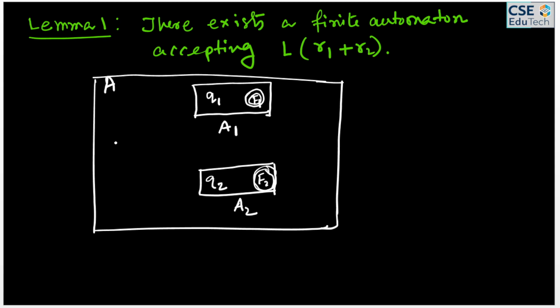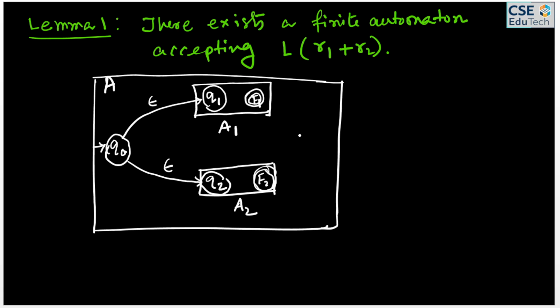So we make a new initial state Q naught, with an epsilon transition to Q1 and another epsilon transition to Q2. Now this automaton A will accept the language generated by R1 union R2.